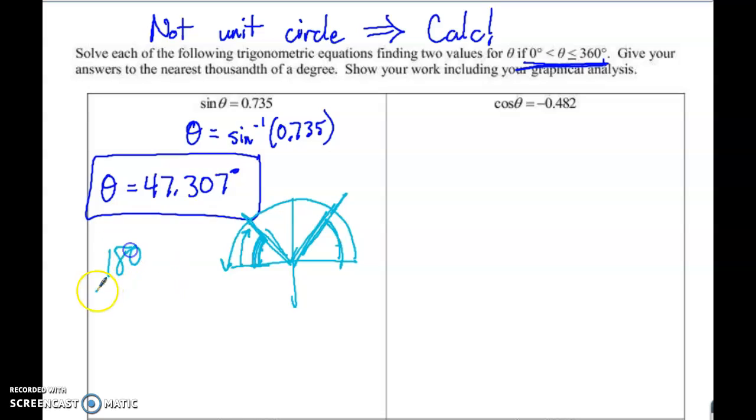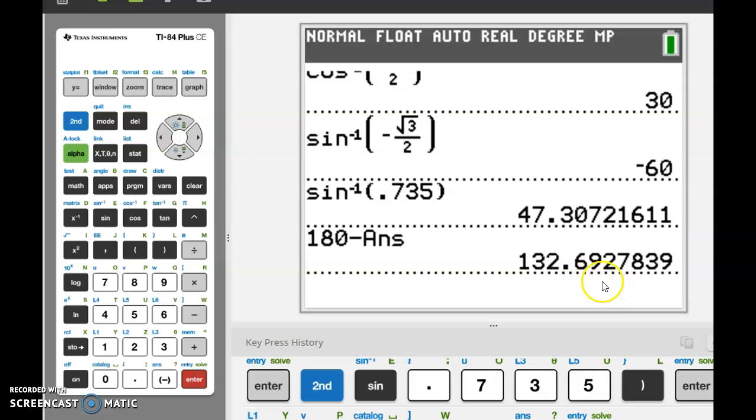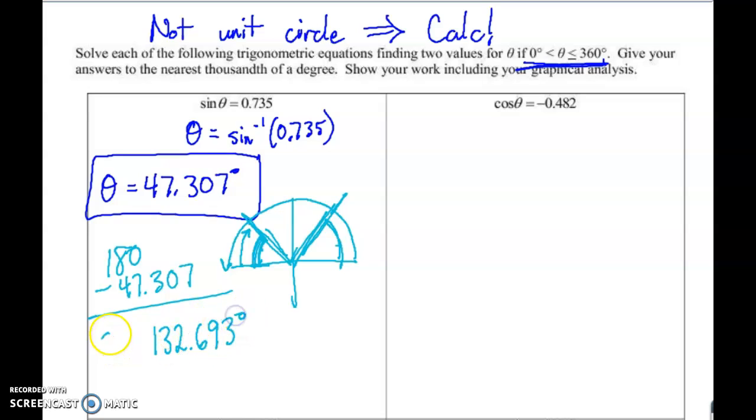So 180 minus 47.307. If I use the calculator, I would just type in 180 minus my answer to get the precise answer, 132.693. That is your second answer for theta.